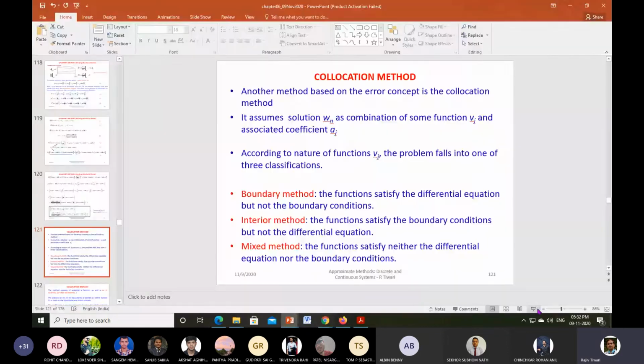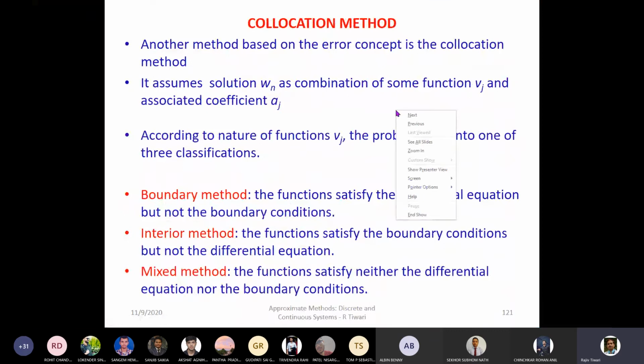So this is the collocation method. This method has a lot of flexibility, in which we assume some kind of solution. Here also we take a combination of some functions.